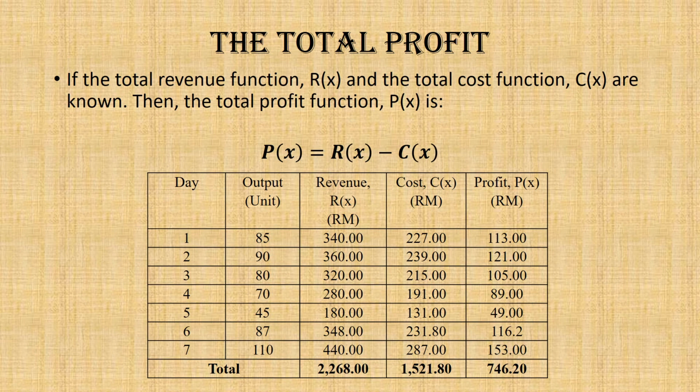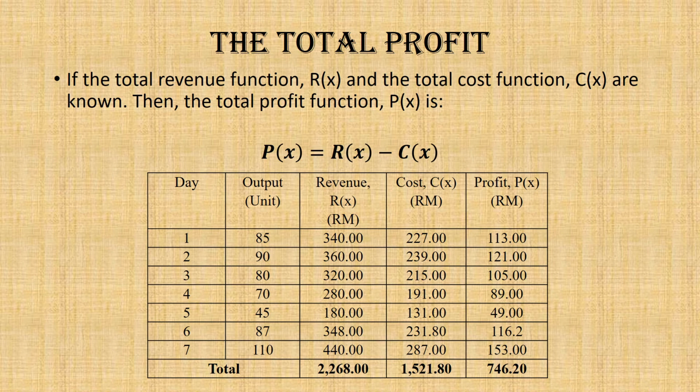The total profit. If the total revenue function R(x) and the total cost function C(x) are known, then the total profit function P(x) is R(x) minus C(x). Day 1, output 85: revenue R(x) is 340 minus cost C(x) 227 equals profit P(x) 113.